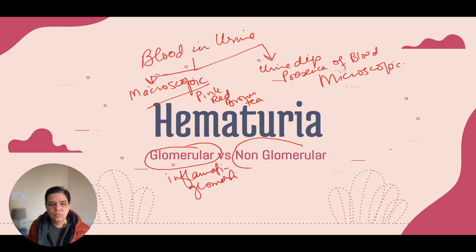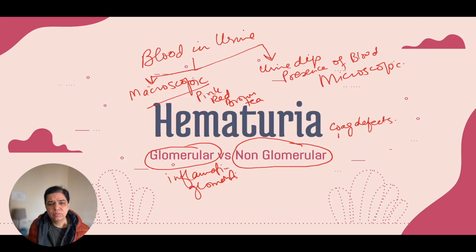Or it could be of non-glomerular origin. Non-glomerular origin means any other problem. It could be, let's say, because of coagulation defects, for example somebody having hemophilia or von Willebrand deficiency. So coagulation defects, or problems beyond the kidney.